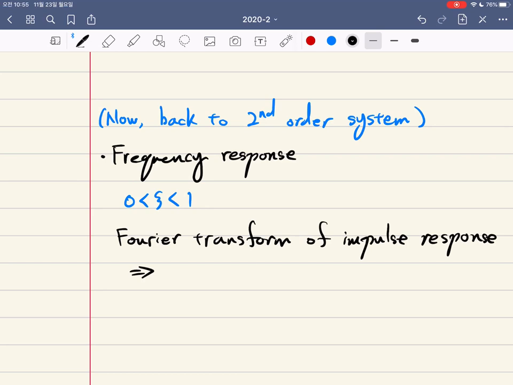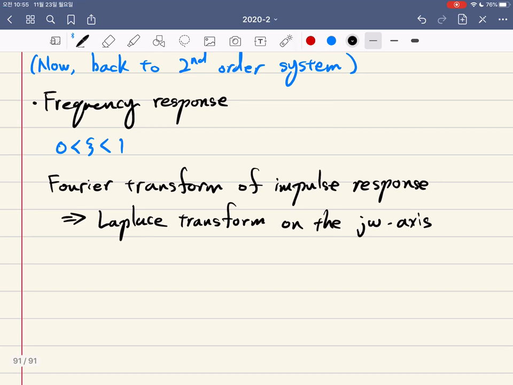And that means in terms of Laplace transform, the S should be restricted to the imaginary axis, which means S must be set as j omega, not sigma plus j omega.